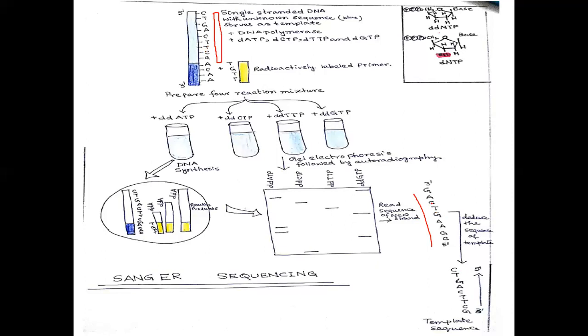From G, we know the complement of G is C, then A, T, then again G, A, C, T, T, C, G. See, in our template also the same sequence was there. CTGACTTCG. So thus we will identify any sequence within the DNA.